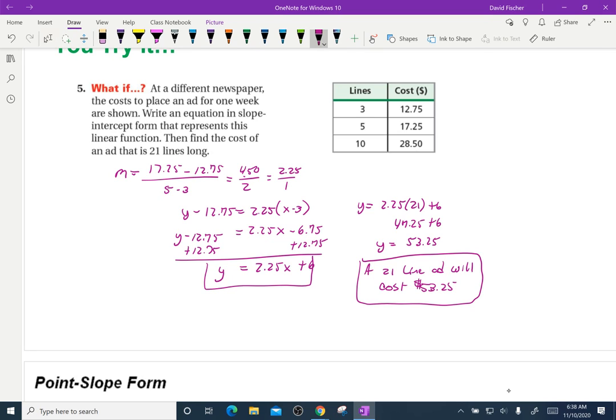This plus $6 would be a plus $6 because when you walk in the door, they said, we're gonna set your ad up, so it's gonna cost you $6, and then it's $2.25 for every line that you do in your ad. So with that, I hope today helps you out on point slope form.